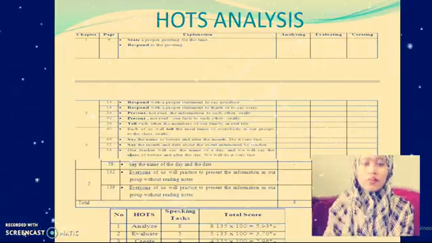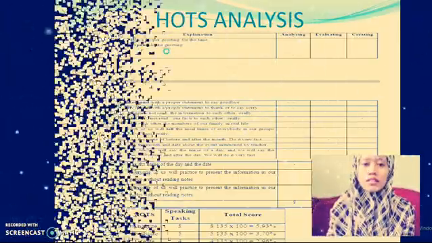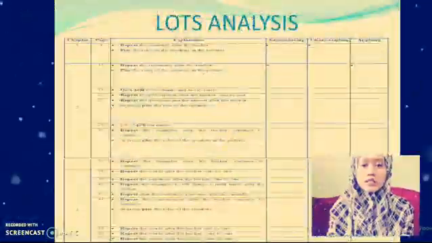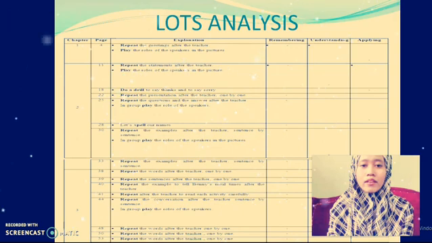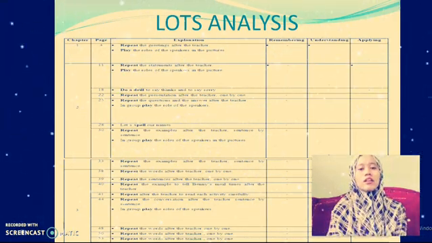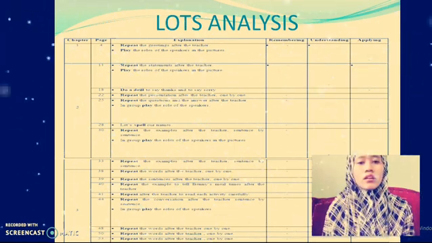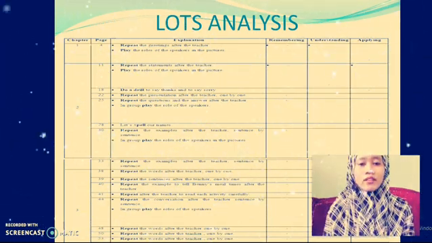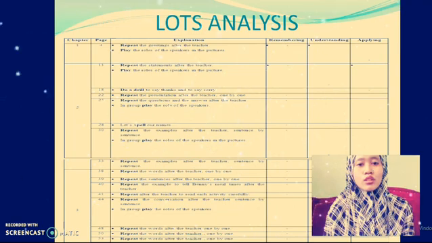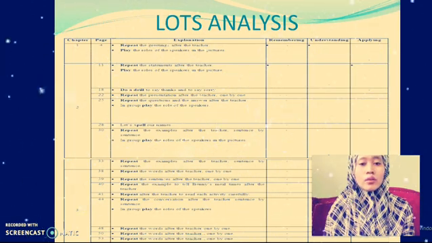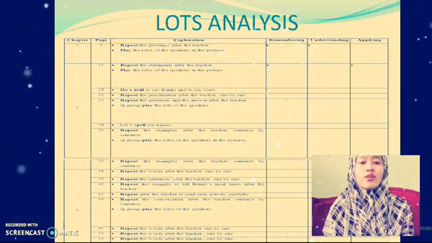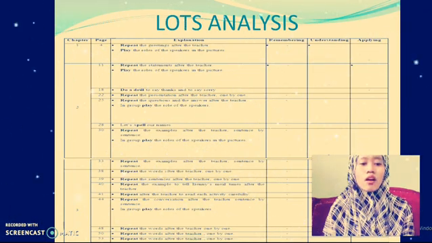And for LOTS analysis, we found many tasks that are identified as included in LOTS.